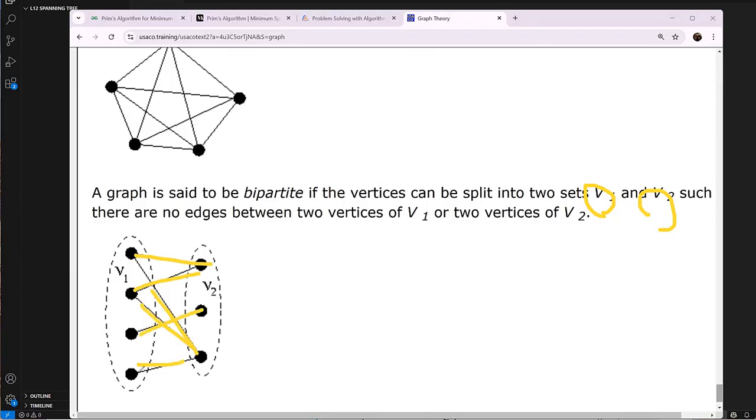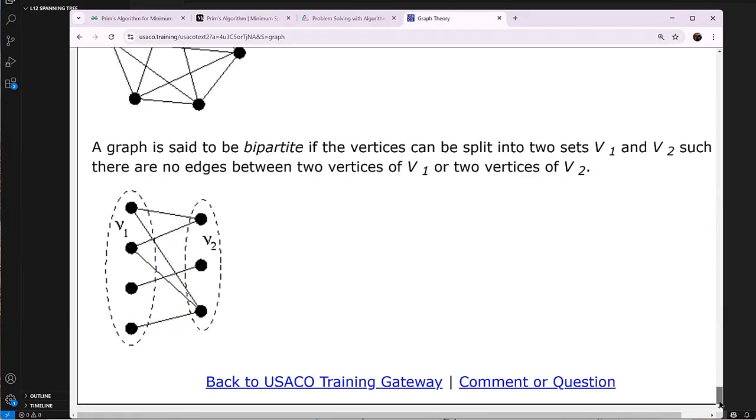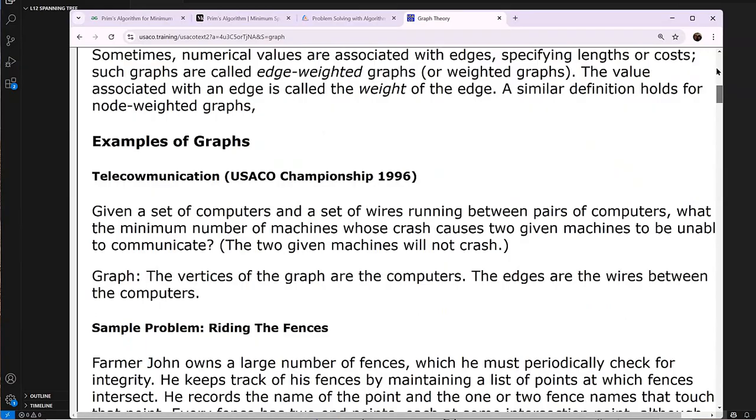Internally in V1, the vertices don't have neighbors, and in V2 you don't have neighbors either. That is called bipartite. If you cut all the edges, you divide the two groups into totally unconnected groups. That's called bipartite. These are just concepts; we just want to cover this basic concept.